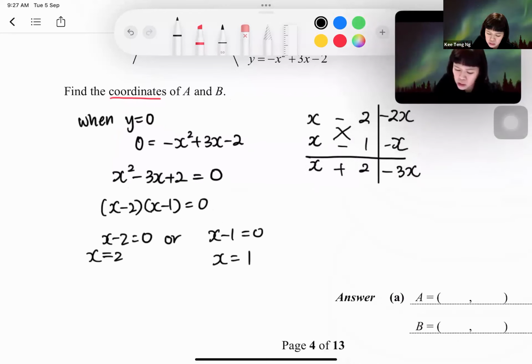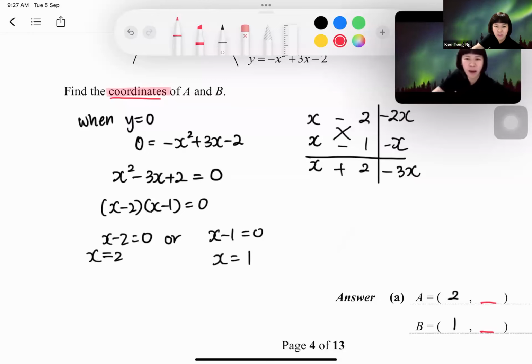The question wants the coordinates. So I know x equals 2, x equals 1, but what is the y value? Anyone?